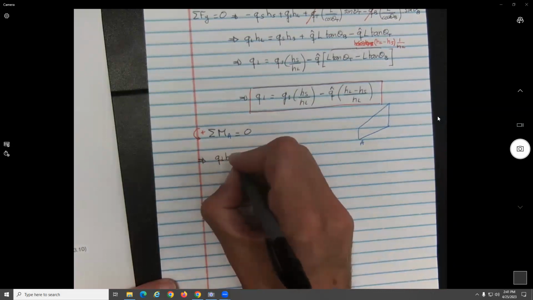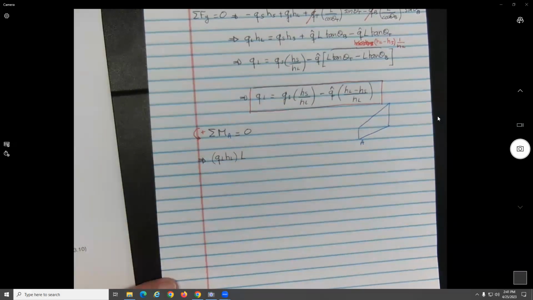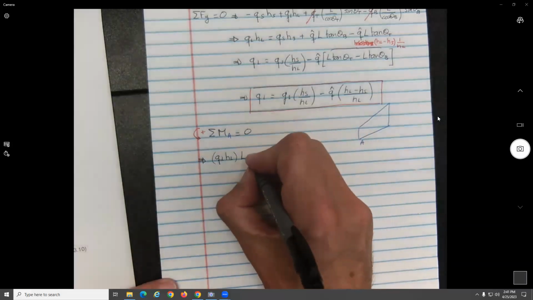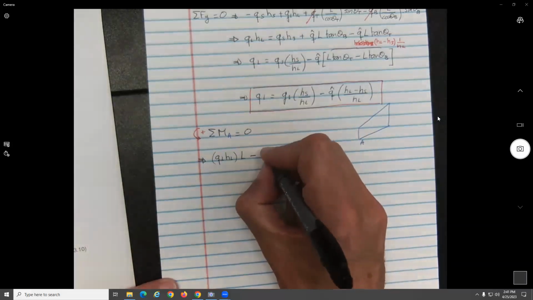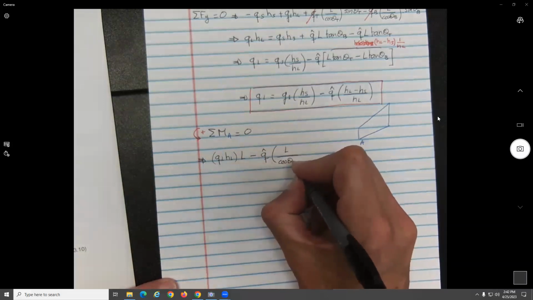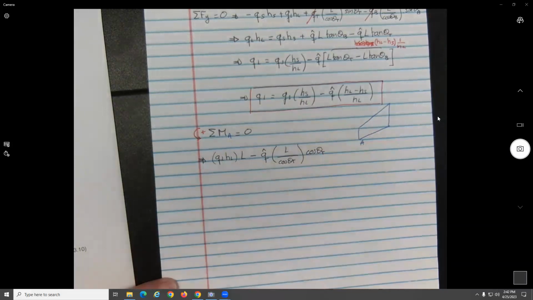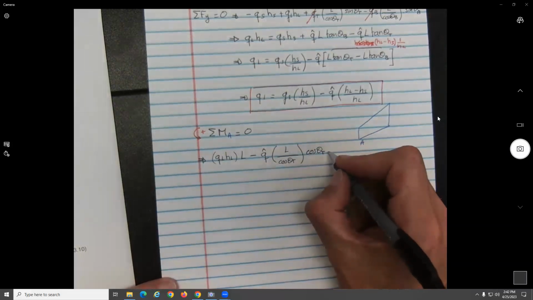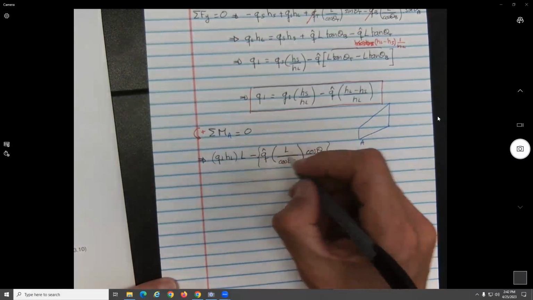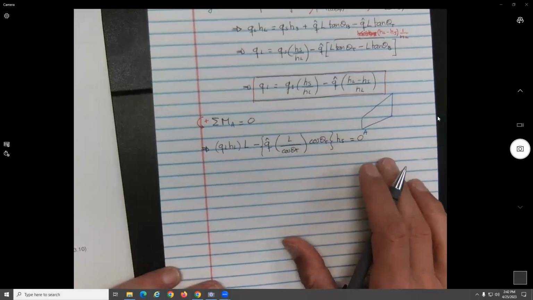Q sub L, H sub L times L minus Q hat L over cosine theta top times H sub S equal to 0.